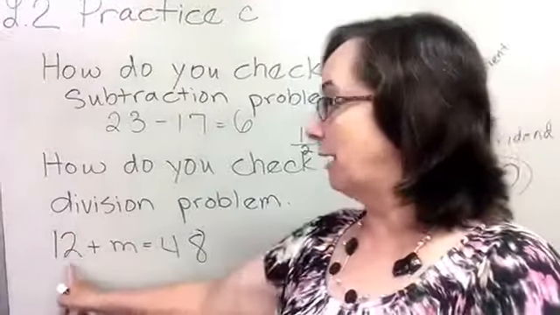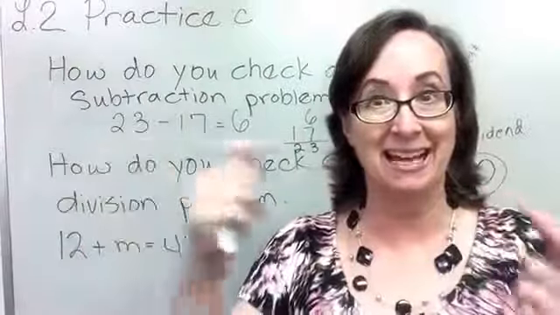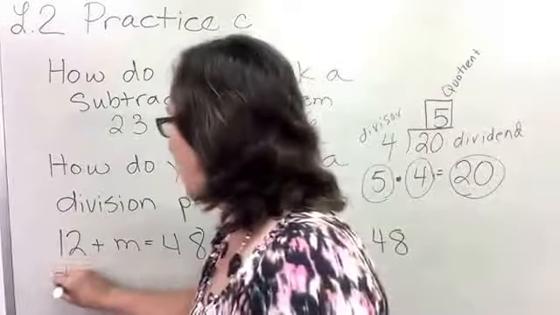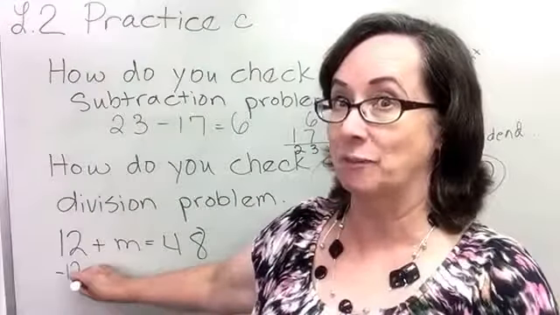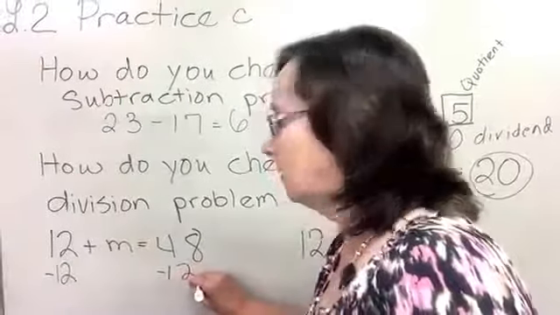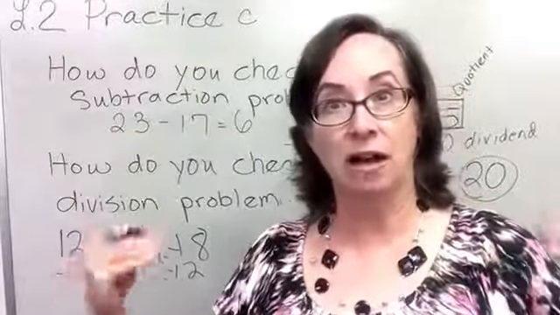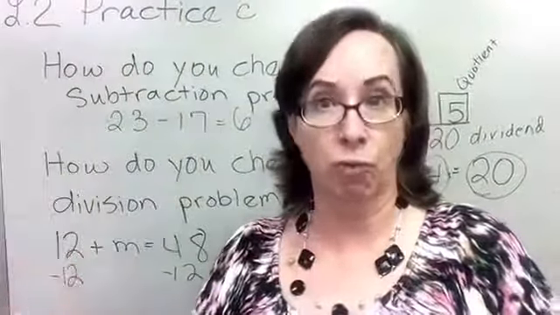Since it is joined to my missing number by addition, I'm going to undo that with subtraction. So I'm going to subtract 12, but I can't just subtract 12 from one side. I must also come over here and subtract 12 on the other side. And that's called the subtraction property of equality.